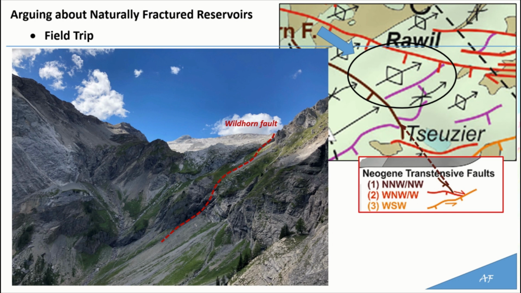The fault contact with the Schrattenkalk Formation, where the fault juxtaposes limestone against limestone, is characterized by cataclasites invaded by precipitated calcite, so representing, in a hypothetical reservoir, a permeability barrier.